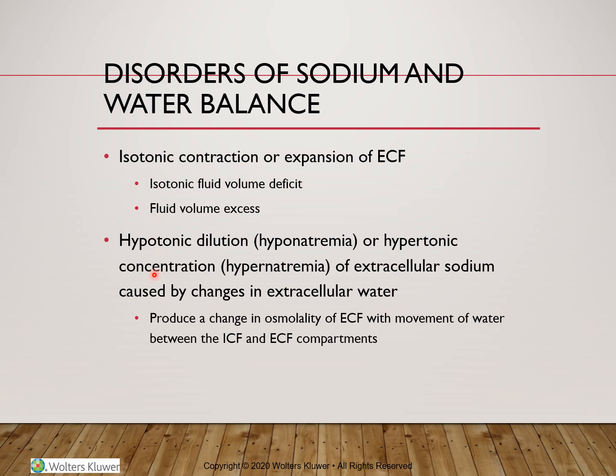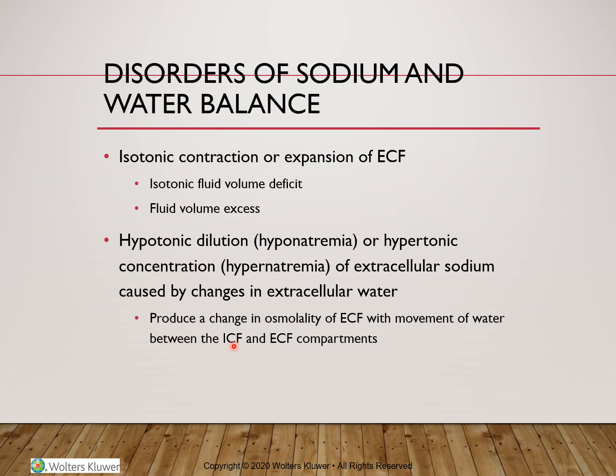And we can also get hypotonic dilution, and we usually call this hyponatremia, or hypertonic concentration or hypernatremia of that extracellular sodium. Okay, and these can be caused by changes in extracellular water. So if we introduce a lot of extracellular water, we can cause a hypotonic dilution. If we pull a lot of water out, leaving sodium behind, we can cause a hypertonic state or hypernatremia.